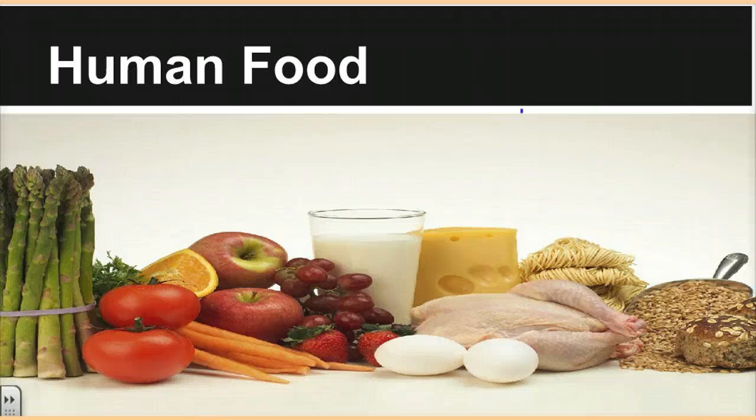Most of the time, you cook your food so that you can kill microorganisms that can cause diseases. And you also cook food for flavor to improve the taste. So human food is basically processed in a way that we are trying to get rid of anything that can cause a disease, and also for flavoring.